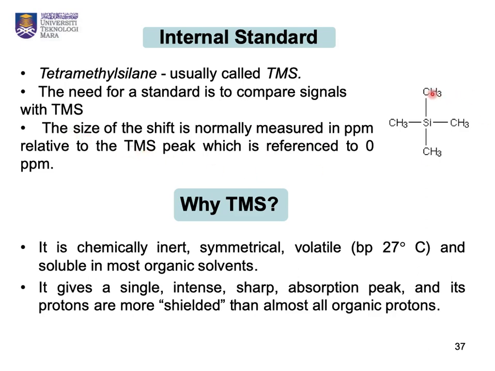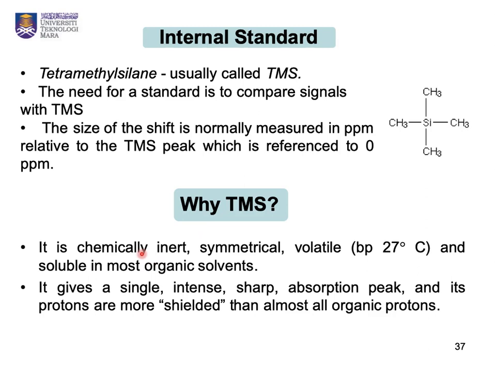So this is tetramethylsilane, with silicon and 1, 2, 3, 4 methyl groups. It is commonly used as an internal standard in organic compounds. So why is TMS used? Because it is chemically inert, it does not react with our compound or our material, right?